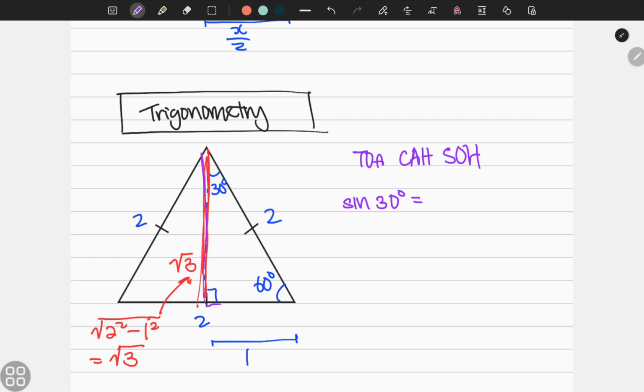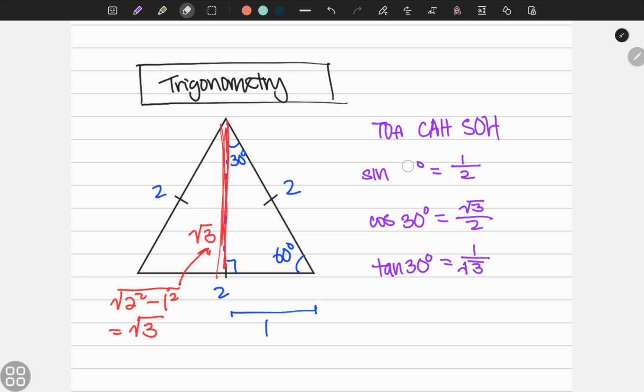So in this case, if we are referring to this triangle here, this is our opposite, this is our hypotenuse, and this is our adjacent. So opposite over hypotenuse, that is length 1 divided by 2. Whereas for cosine 30 degrees, that is adjacent over hypotenuse, so therefore square root 3 divided by 2. Lastly, tangent 30 degrees is equal to opposite over adjacent, so 1 over square root 3.